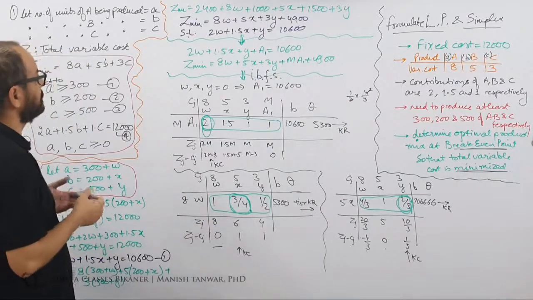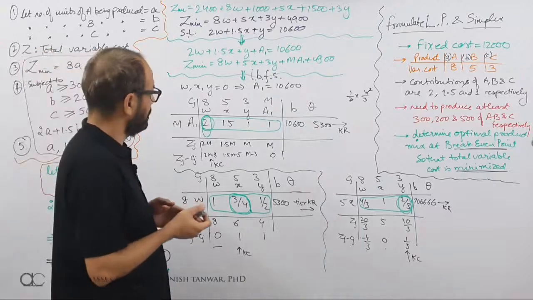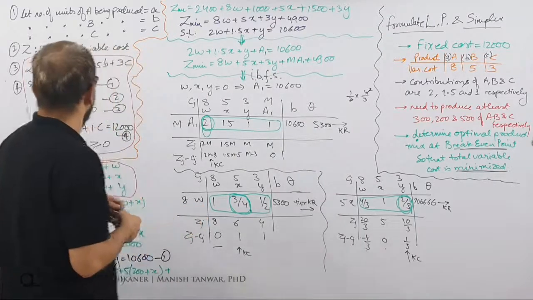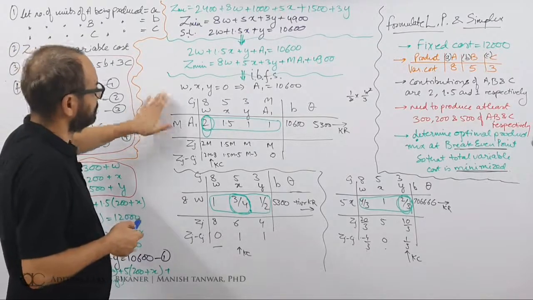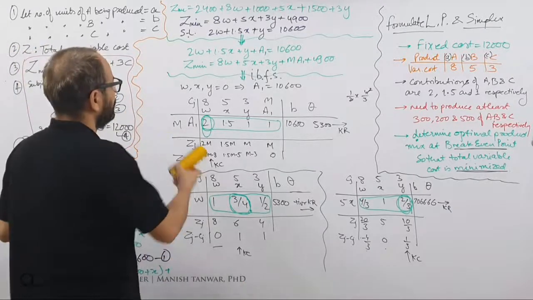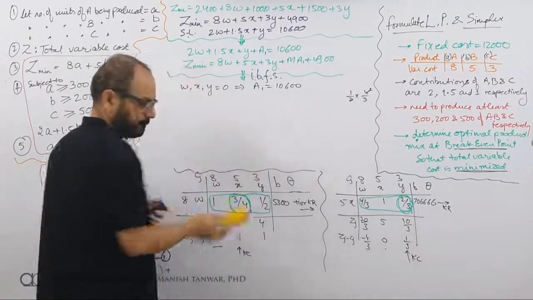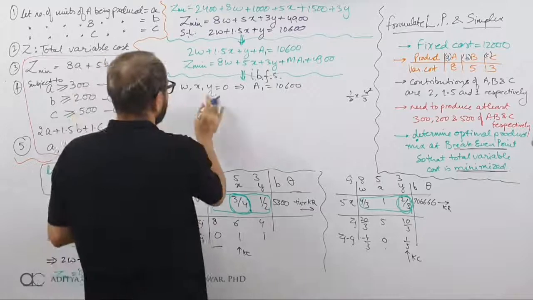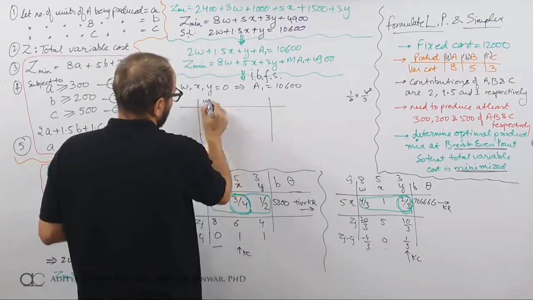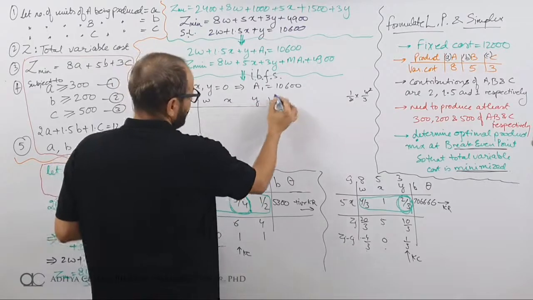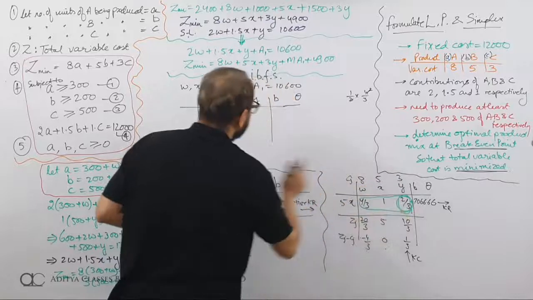So, what I will do is I will have to remove something. I will remove this first table. We have W, X, Y, B and theta. X is outgoing variable, Y is incoming variable.